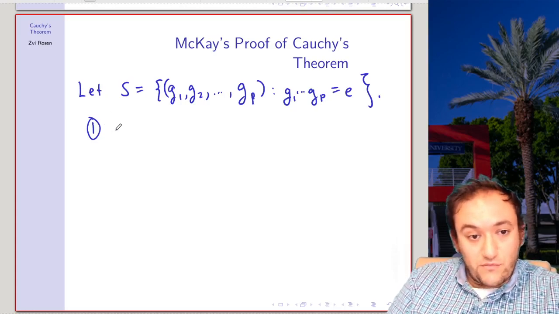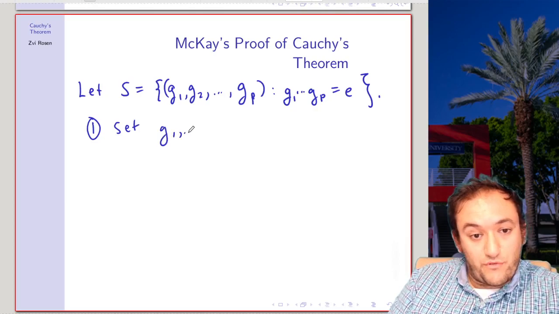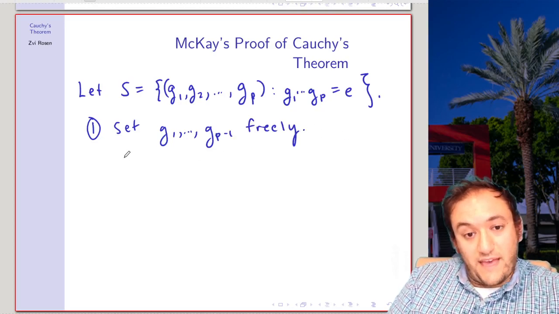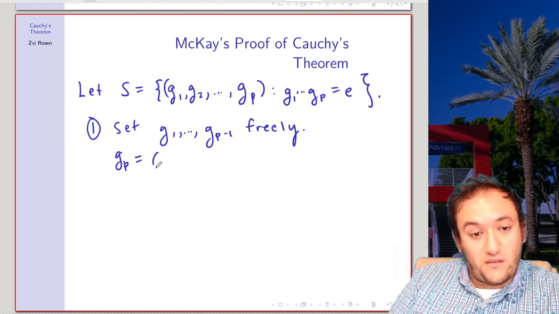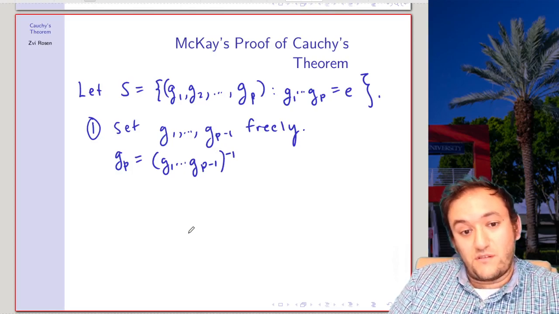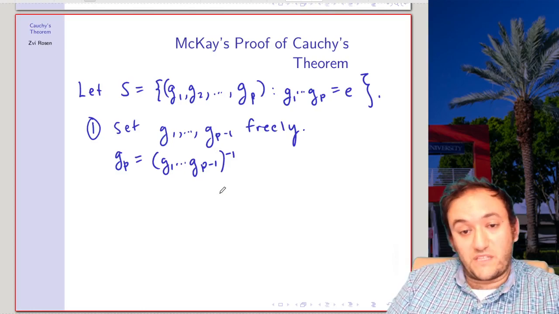Right, so set g1 through g(p-1) freely, and gp will be forced to be (g1 through g(p-1)) inverse, just by virtue of the condition that we've placed on it. Its product has to be e.